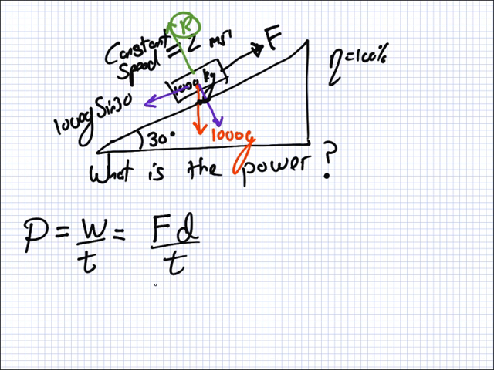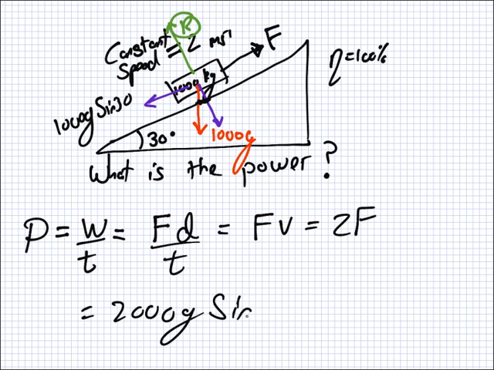Now, is this moving at constant speed? Yes. Can we use the distance speed time triangle then? Yes. What is distance over time? Speed. What's the speed? 2. What's the force? So this will equal 2000 g sine 30.